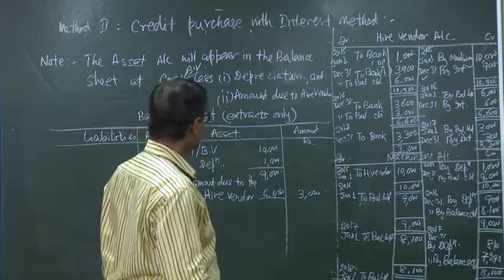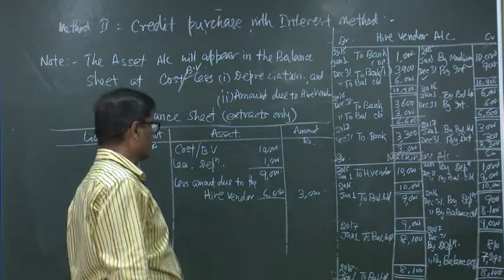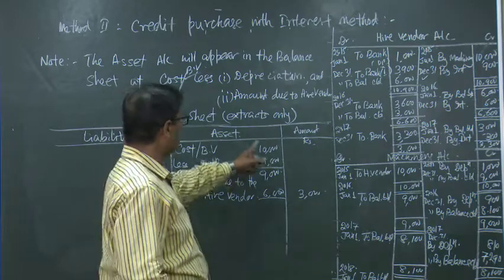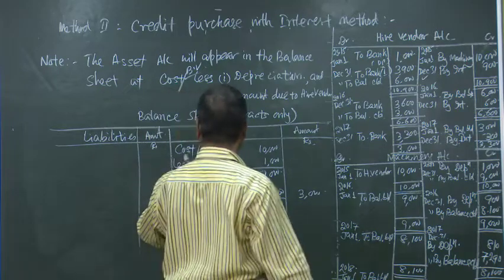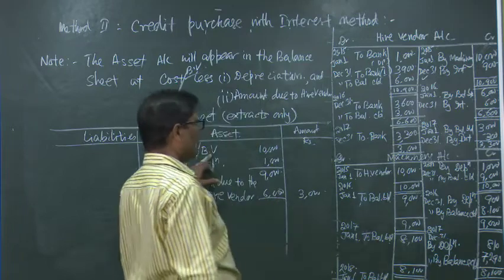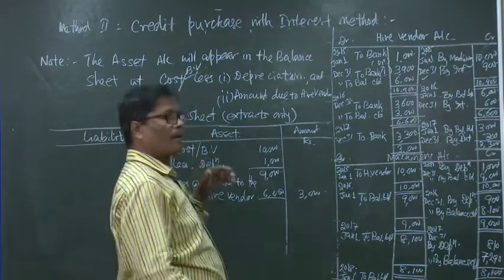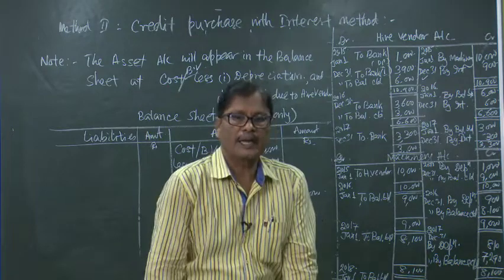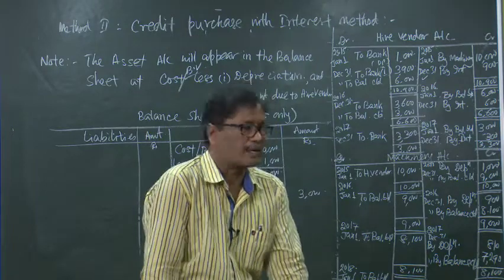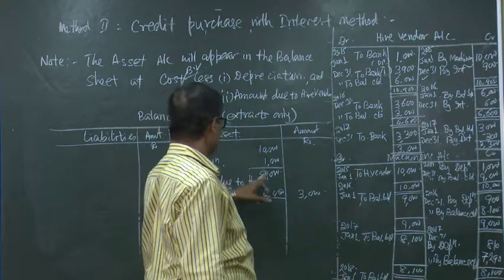Now, coming to the second year, how will it be there? In the second year, these figures will just change. How? In the second year, what is the book value? Because in the first year it was cost, but in the second year it is book value. Book value means the amount of cost less depreciation up to date. So, 10,000 minus 1,000 is equal to 9,000.